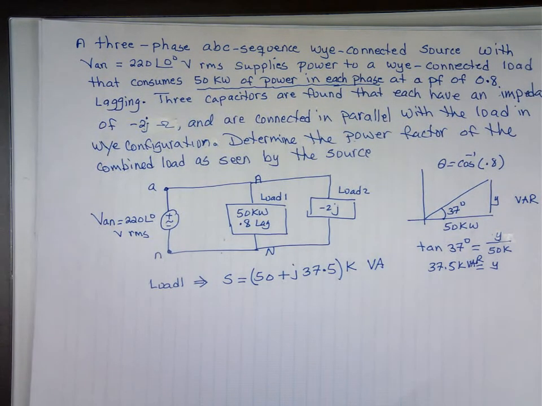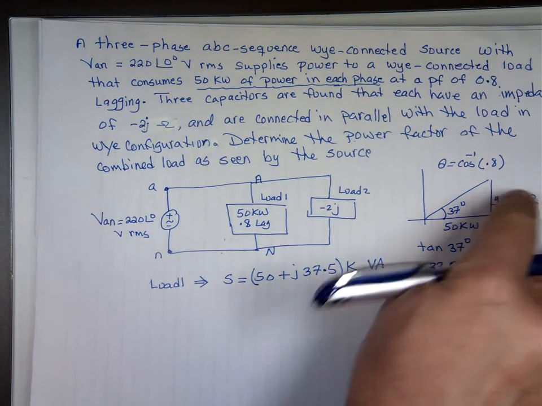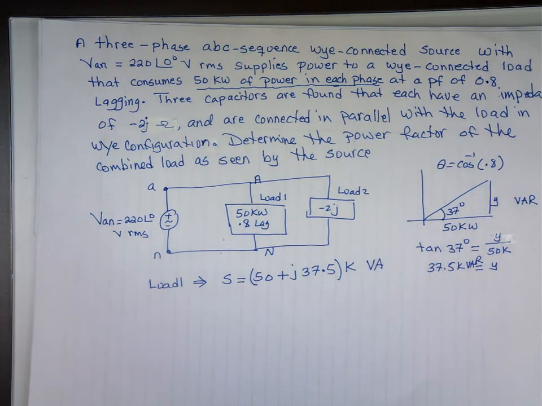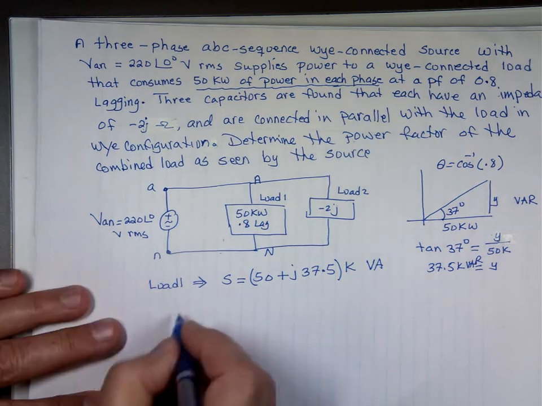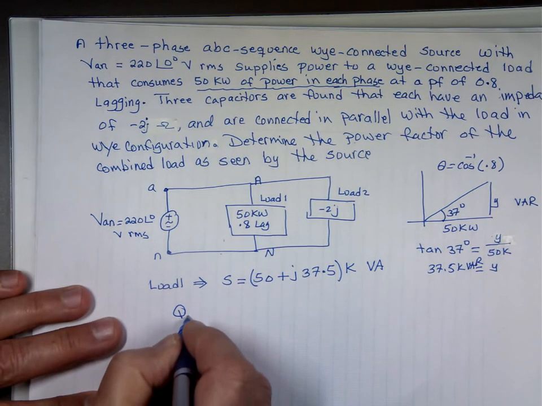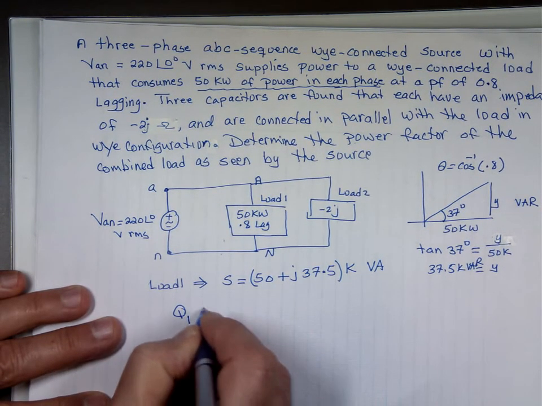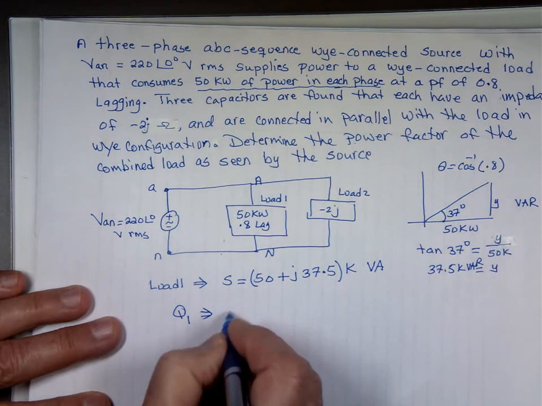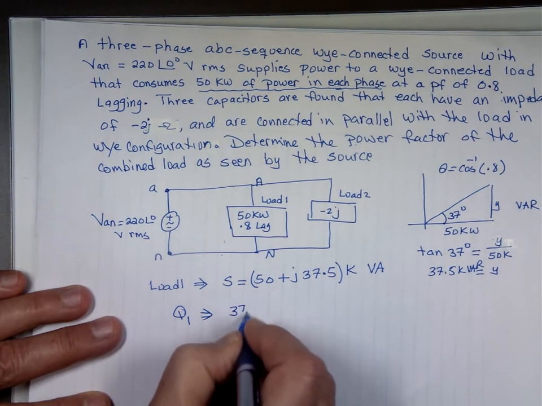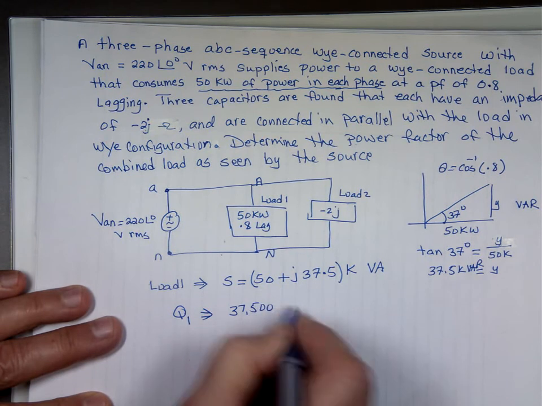So each one is in the thousands, 50,000 and 37.5 thousand. It's complex power, so it's VA. This is VAR, this is watt. But when you put them together, that's a VA. So Q for load 1, we'll call it Q1, the imaginary portion, is actually 37,500 VAR.